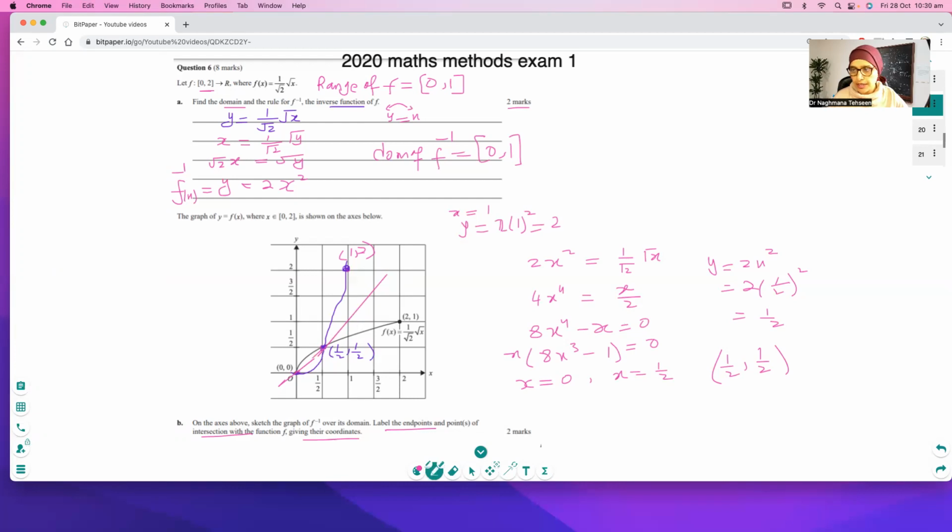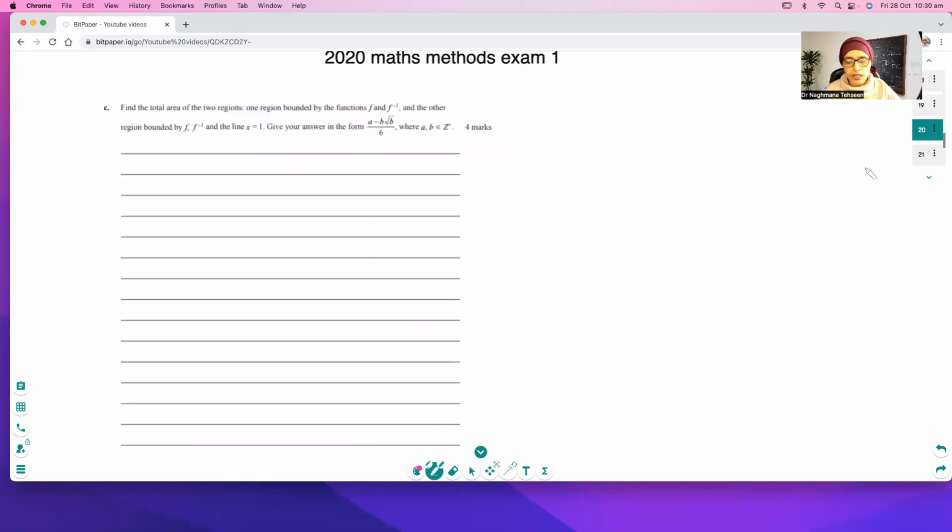Now let's see what the next part says for us. So we have here: find the total area of the two regions, one region bounded by the function f and f inverse, and the other region bounded by f inverse and the line x is equal to 1. And we also need to give our answer in this form.